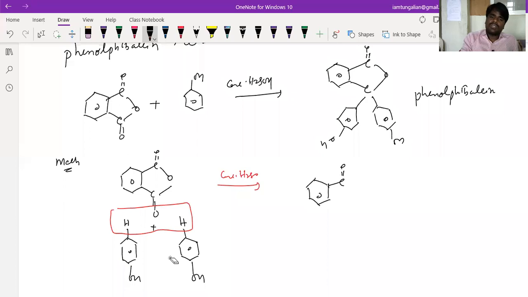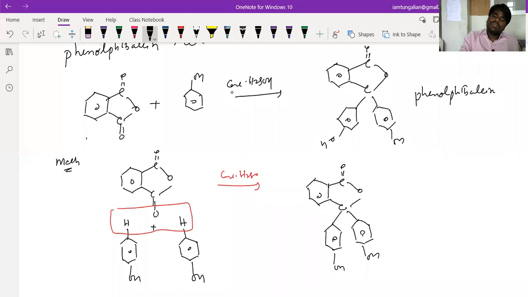This resultant compound is phenolphthalein.